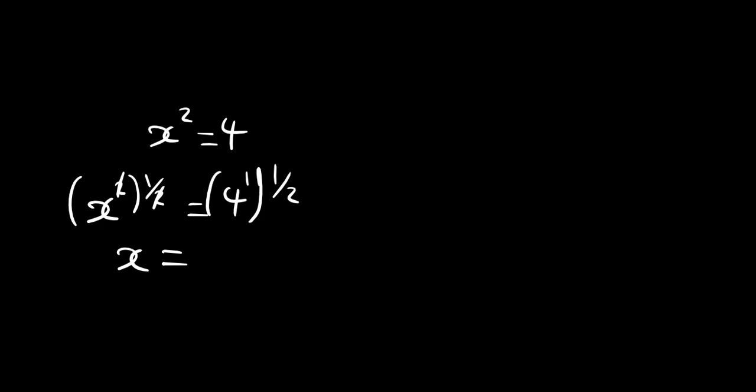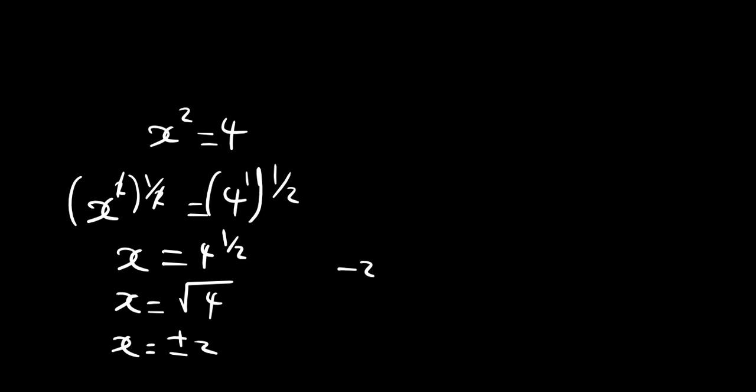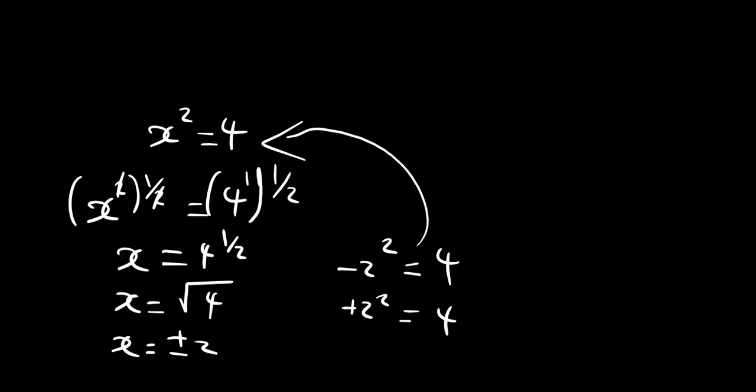Then when I come to the other side, I'm going to have 4 to the power half. Therefore x will be equal to the square root of 4. Therefore x will be equal to positive or minus 2. You know that if I put negative 2 there and I square it, or I put positive 2 and I square it, both of them are going to give us 4 on the other side. So meaning the two solutions are correct.